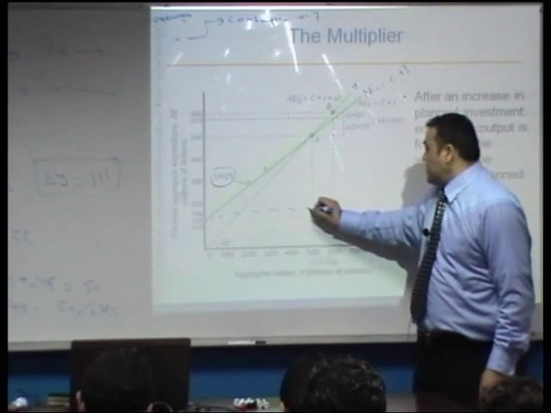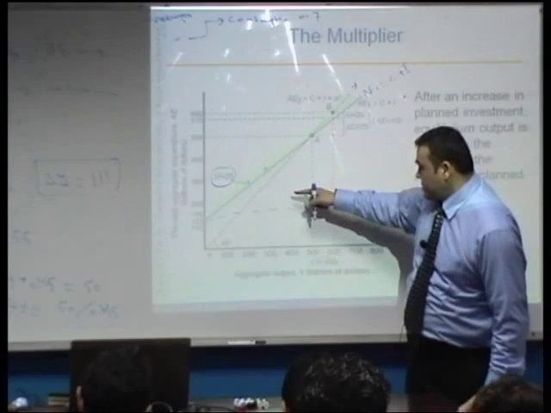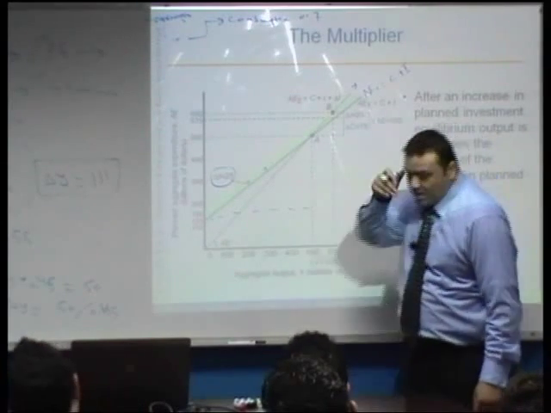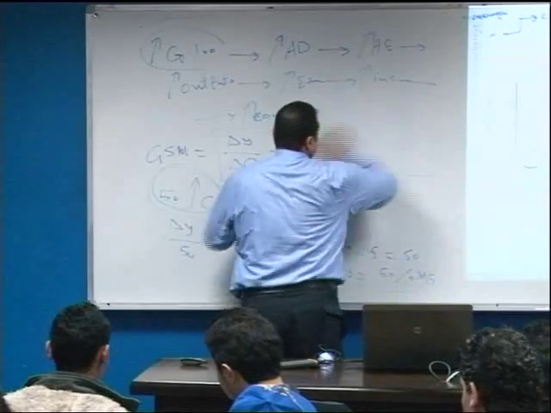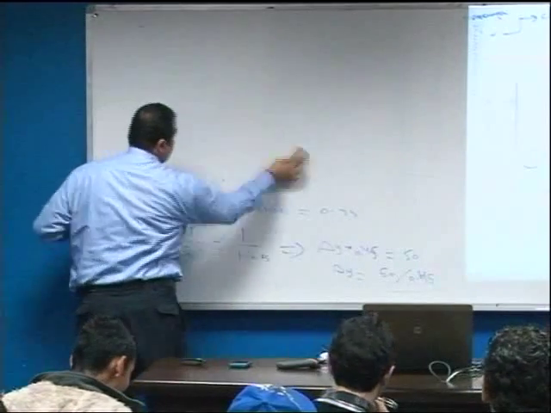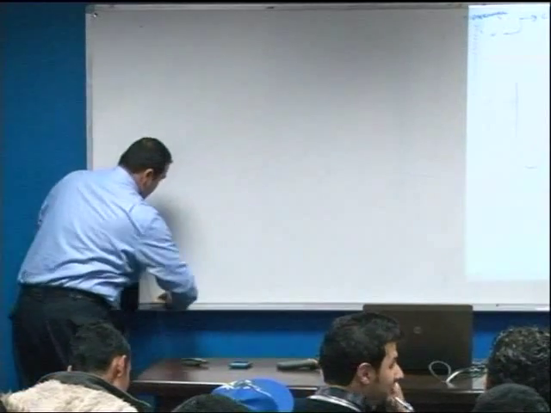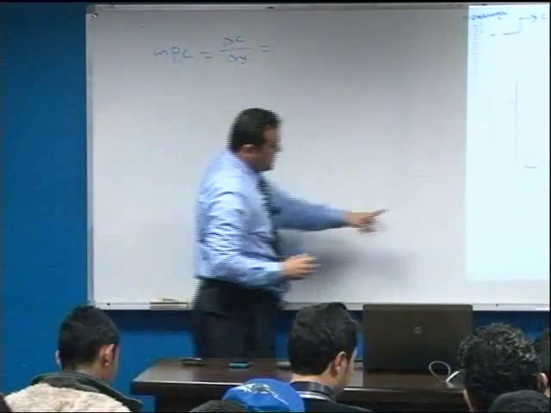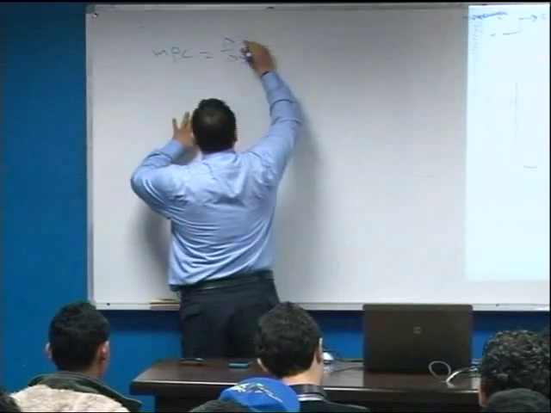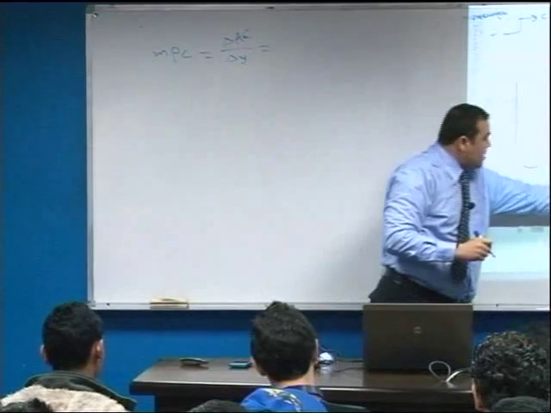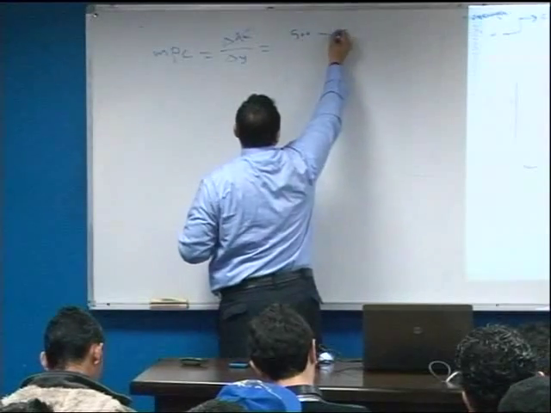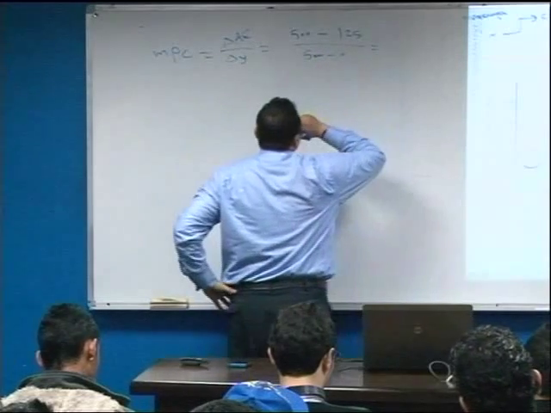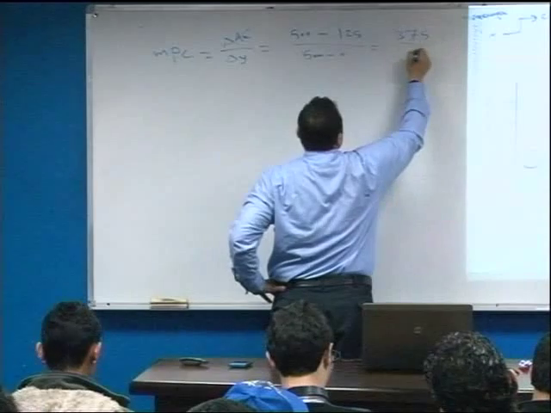Let's calculate the MPC. MPC is delta C over delta Y, or delta aggregate expenditure over delta Y. In this case, 500 minus 125 over 500 minus 0 equals how much? 375 over 500.